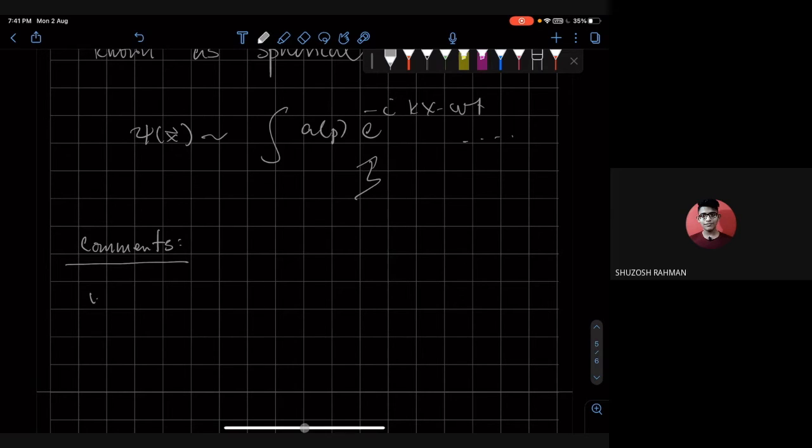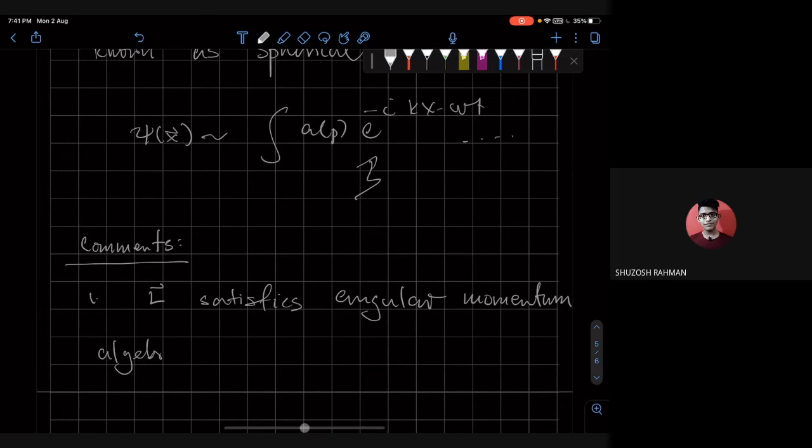Now, since L satisfies the angular momentum algebra, the M quantum number is related to L in this way.